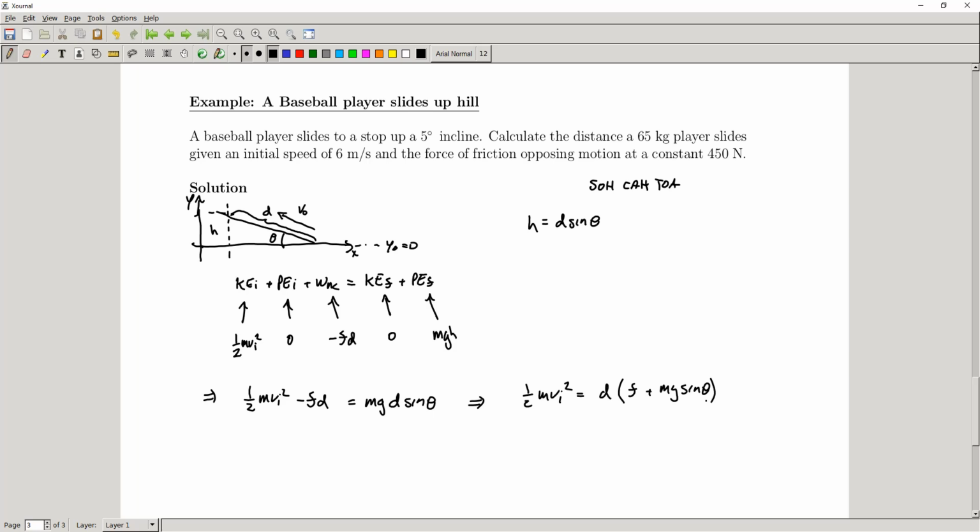And then we're just going to divide through by these terms, so we end up with d equals m v initial squared over, with a 2 in the denominator, f plus m g sine theta, and that's our solution in equation form.